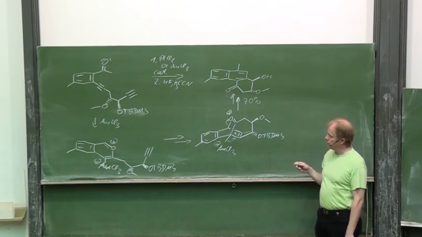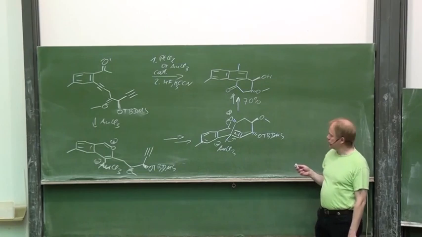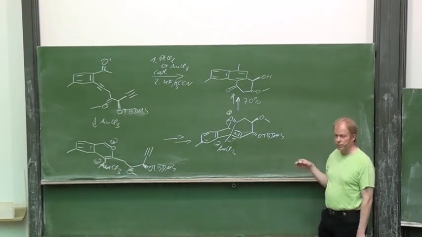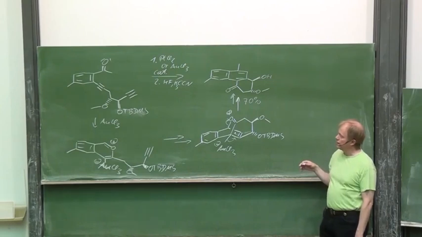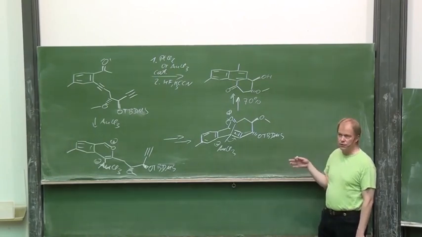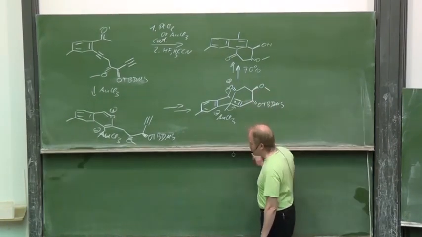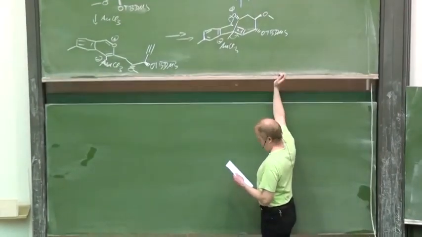So all these examples we have discussed are activation of acetylenes or some allenes, I think, for the attack of an oxygen and a nitrogen nucleophile. So how about the attack of carbon nucleophiles?